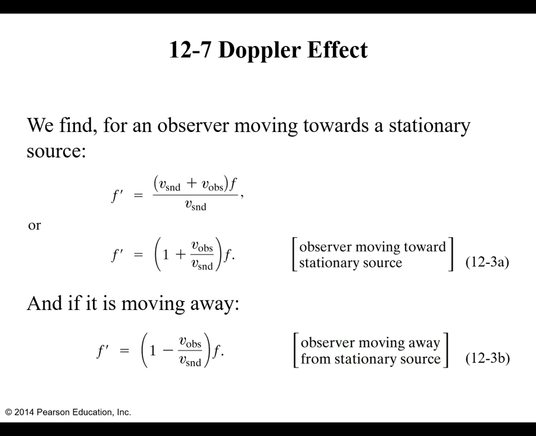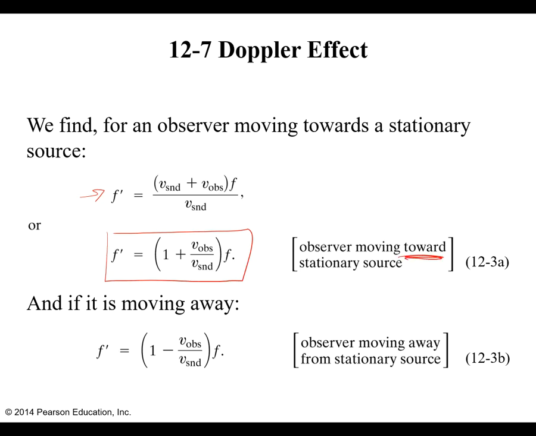So to find the Doppler frequency based on an observer moving towards a stationary source, the computer goes through some calculations and you get this equation, or slightly simplified, you get this. Once again, this is for an observer moving toward a source.